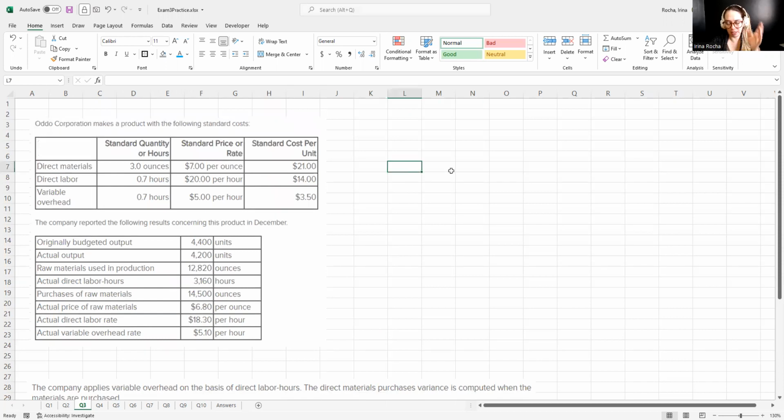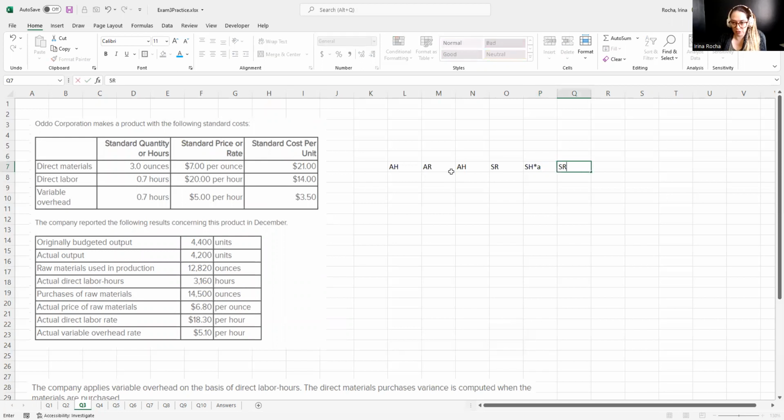So same thing as with three A's and 3 S's, but this is for labor. So instead of price, we're going to call rate. Instead of quantity, we're going to say it's efficiency, right? So it's actual hours, the actual rate. And then we have actual hours again, now the 3 S's. Standard hour, standard rate here. And then here we have standard hours, but this one is the allowed one.